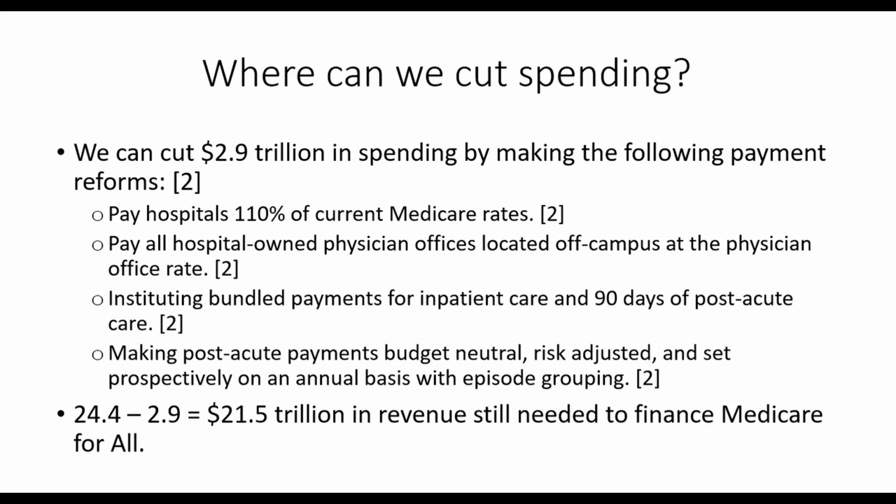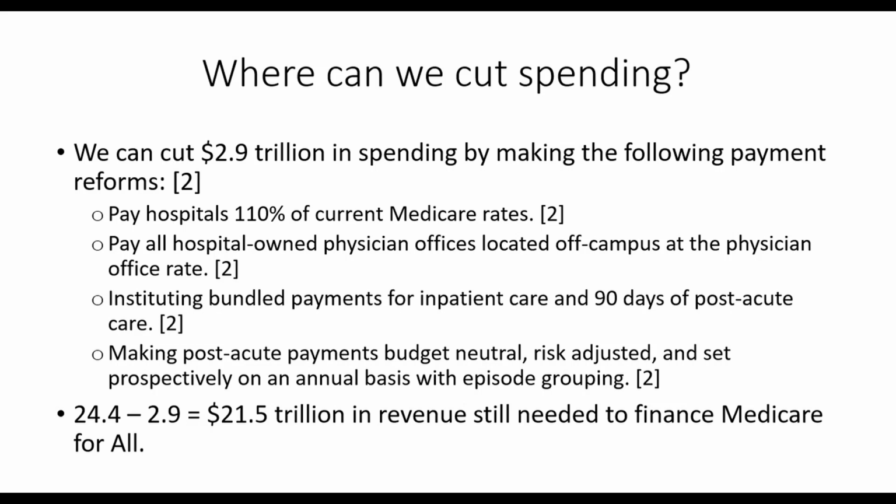Make post-acute payments budget neutral, risk adjusted, and set prospectively on an annual basis with episode grouping. Now, I honestly don't understand that last bit, but to go back to the payment reforms, more rural hospitals and your smaller hospitals in the plan that I'm referencing are going to be reimbursed at higher than 110% of Medicare rates. So that's just to alleviate that concern.